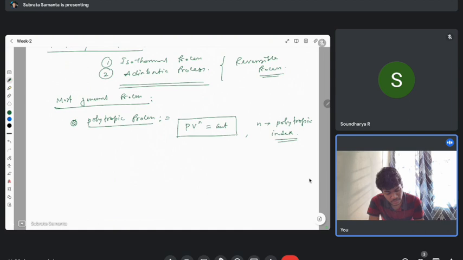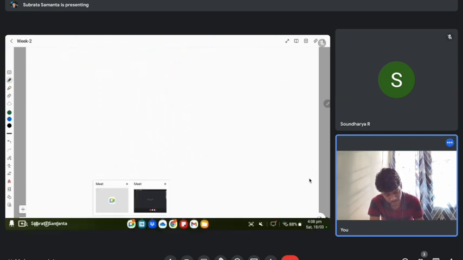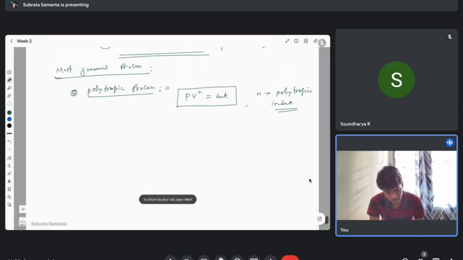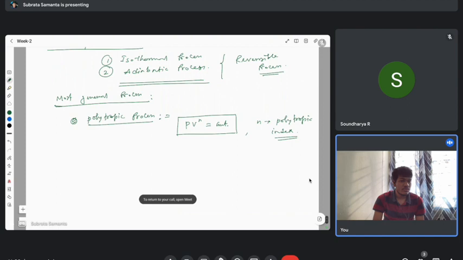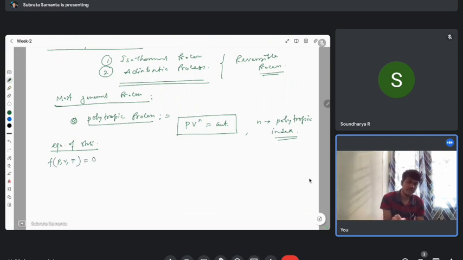First note that the process and the equation of state are two different things. The equation of state says that some function f of pressure, volume and temperature equals 0.